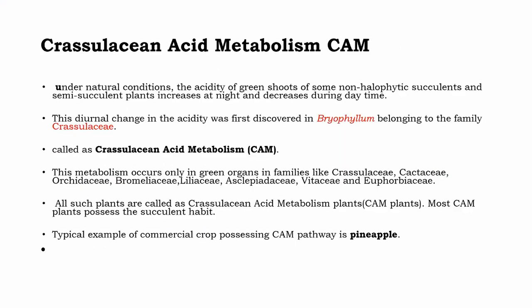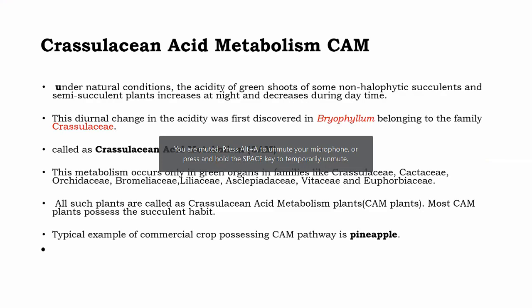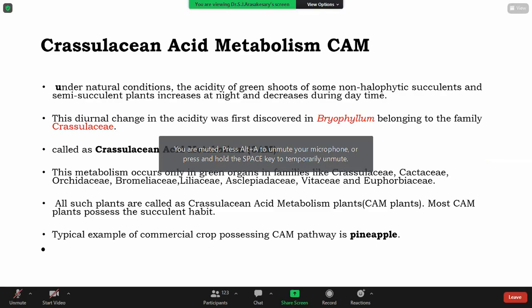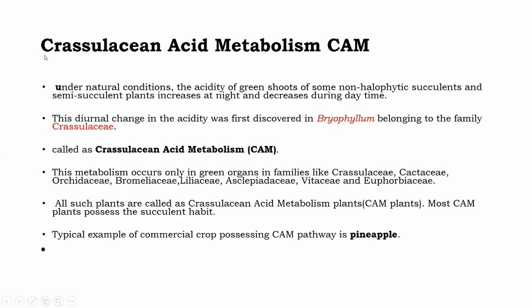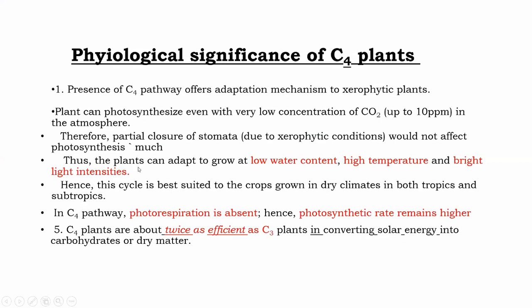Okay. Now, the other structure: Crassulacean acid metabolism, CAM. With this, I have completed C3 and C4. C4 plants in general have a peculiar leaf structure, and they produce C4 compounds as the first product, and it is more efficient than C3 plants.